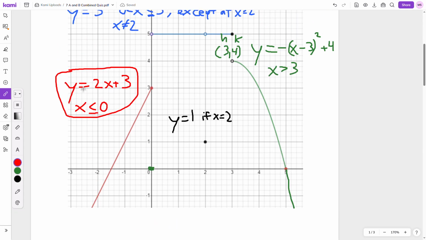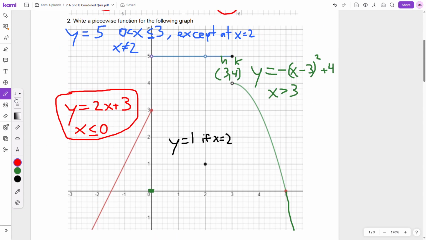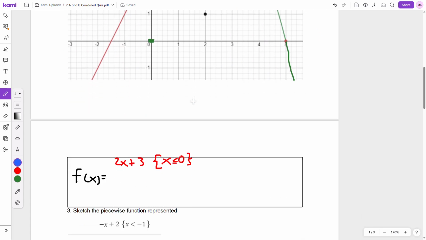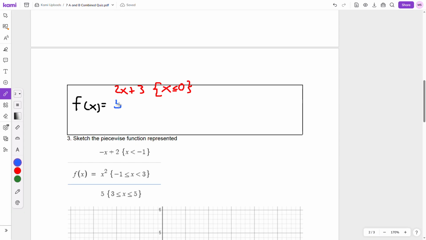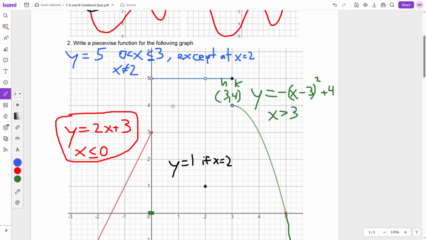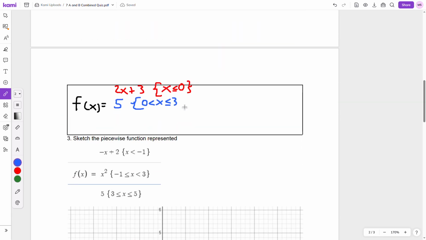Then the next one is the blue one. Y equals 5, and that's between 0 and 3. And the 3 is included, and the 2 is not.